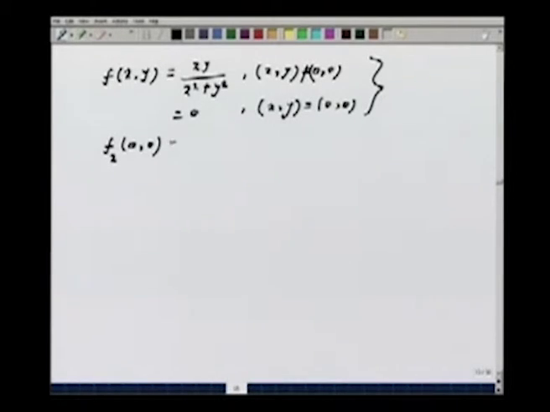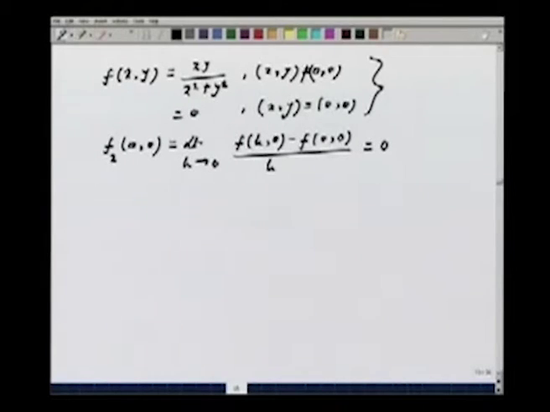By the definition of partial derivative, this is the limit h going to 0 of f of (h, 0) minus f of (0, 0), divided by h. Now what is f of (h, 0)? Look at the definition of the function. If either x or y is 0, then f is 0. So f of (h, 0) is 0, and f of (0, 0) by definition is 0. So this is 0. The limit exists and the limit is 0.